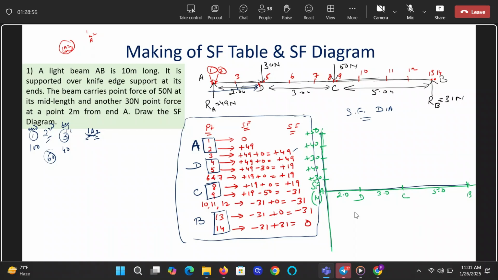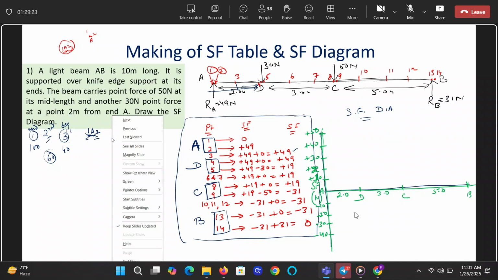I missed out something. Okay, 40, 30, 20, and 10. 10 and 0. Likewise, minus 10, minus 20, minus 30, minus 40. Correct, guys? Yes or no? Yes, sir. I have calibrated the axes.